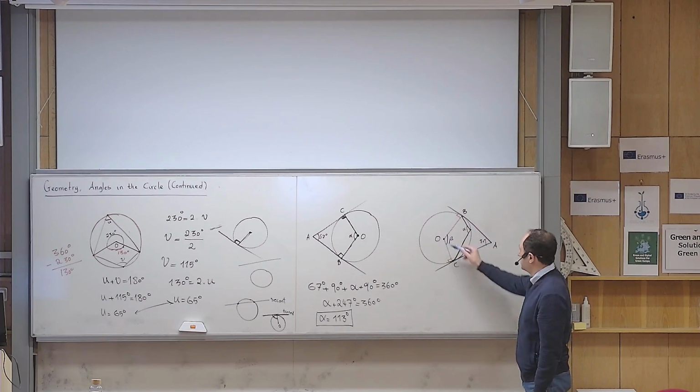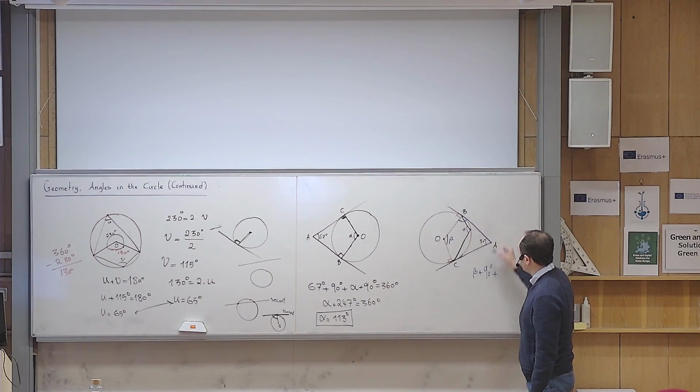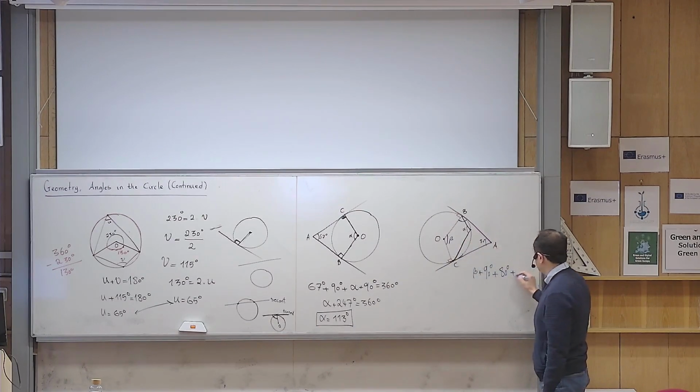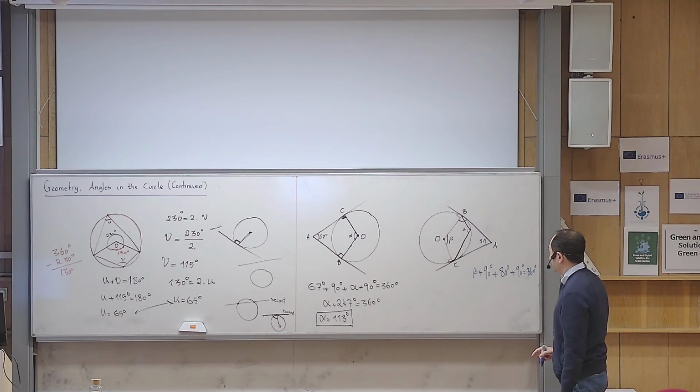Because of what? Because we know that the sum of the angles, beta, plus this angle, which is how much? 90, plus this angle, which is 80, plus this angle, which is again 90, is supposed to be 360 degrees. And because 90 plus 90 is 180, when I move it here, it becomes 180.